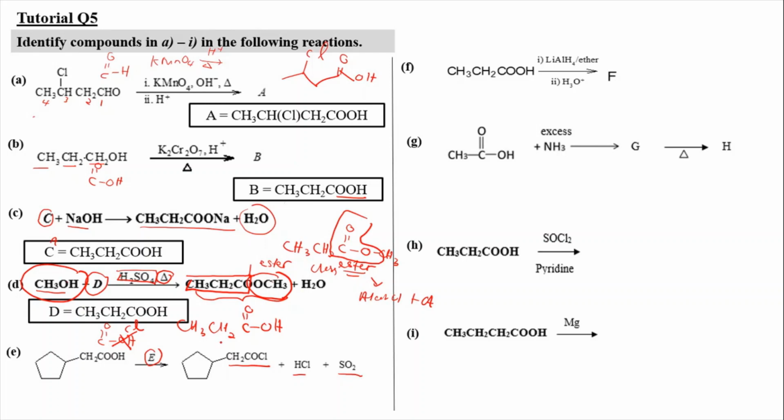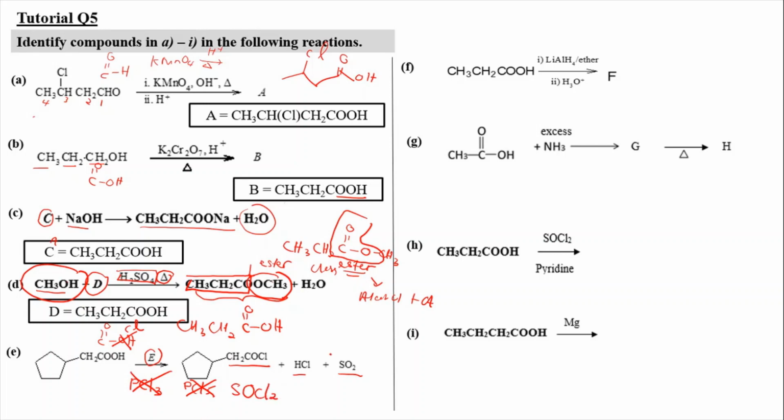In this case, you might be tempted to write it as PCl3, or you might also write it as PCl5. For this one, both of these answers are incorrect. You should only write SOCl2.